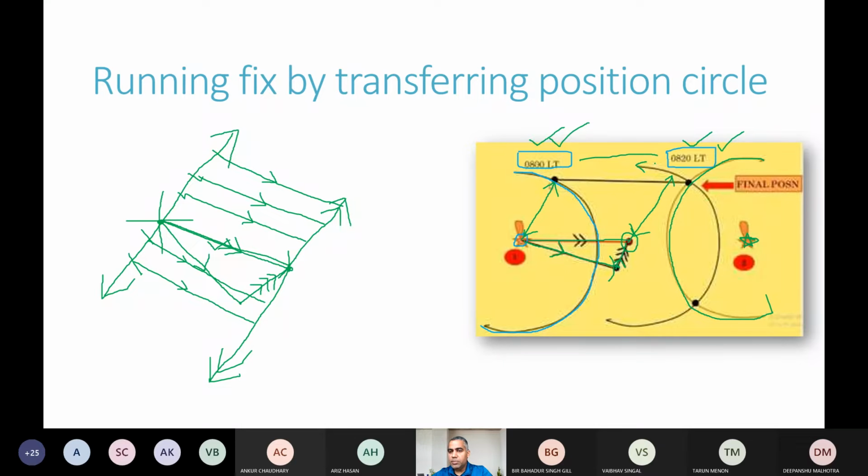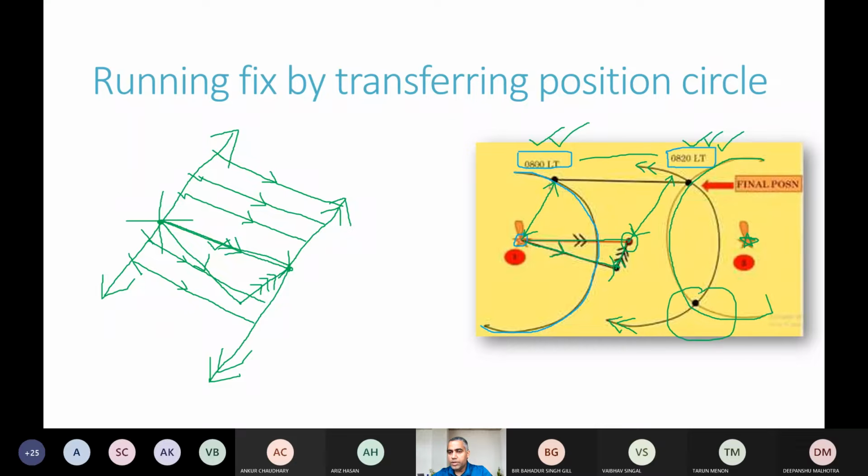You can mark double arrows here if you want. These double arrows indicate that this position circle is transferred. Now you can see our transferred position circle, which has been transferred to 0820 now, is cutting the second position circle, which is also of 0820, at two positions.